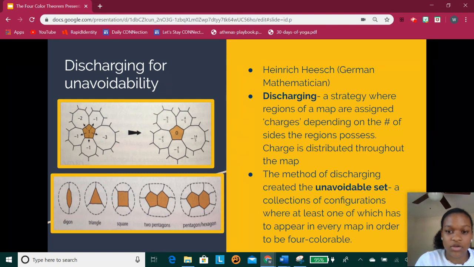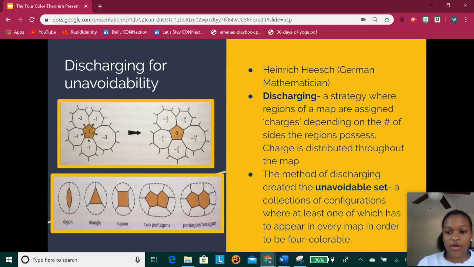Then through the discharging method, you can see that that charge is distributed amongst the other regions surrounding the pentagon in the center, and that's the resulting picture in the second half of that visual.